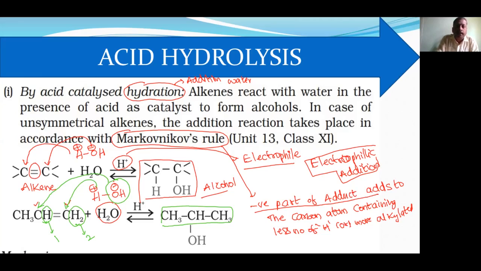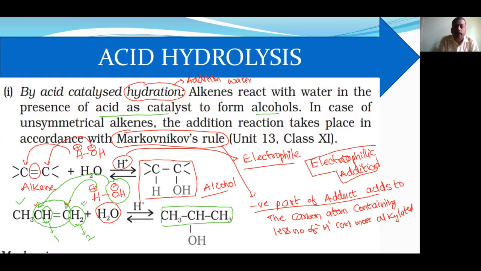Okay. So by the acid catalyzed hydration, alkenes react with water in the presence of acid as a catalyst to form alcohols. In case of unsymmetrical alkenes, I am going to tell you this also now. Unsymmetrical means this is the double bonded carbon atom: on one side it is methyl, on another side it is CH2.